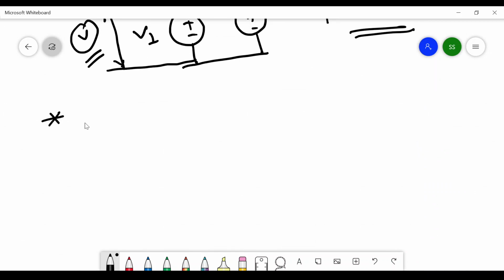Now we will be seeing the current source, whether it is possible to have current sources in parallel.